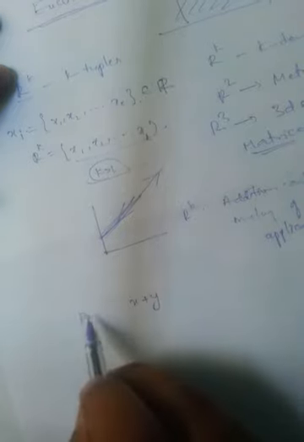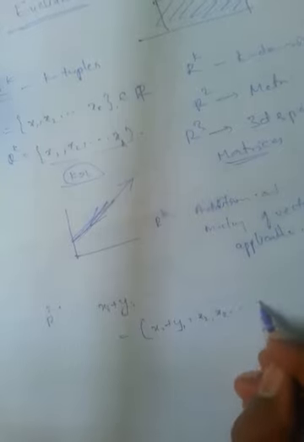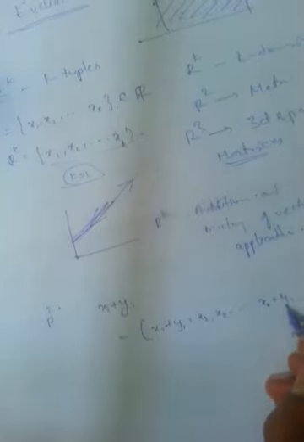For example, if I consider a two-dimensional vector space, that is x plus y, that is basically R power 2, all right? Now this is xi, this is yi, so you can write x1 plus y1, x2 plus y2, so on, xk plus yk.